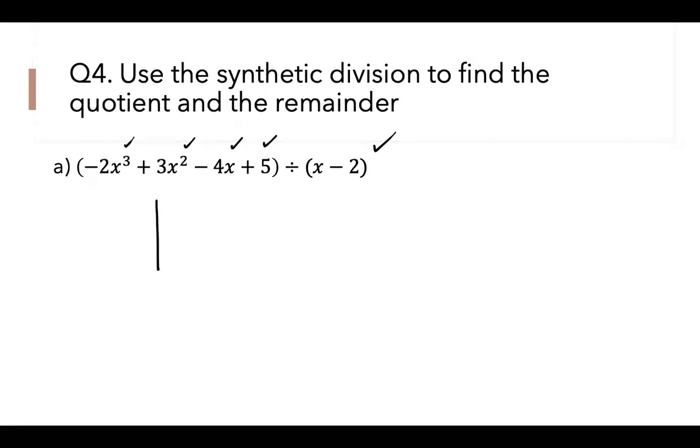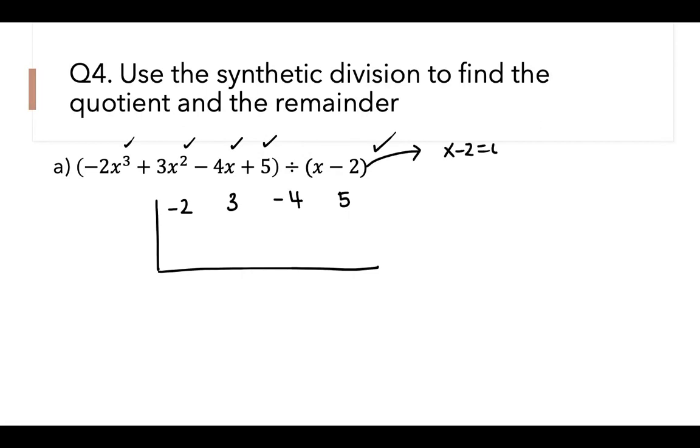Now we're going to make a half rectangle and write the coefficients only: negative 2, 3, negative 4, and 5. Let's find the zero for the divisor. So x minus 2 equals 0, x is equal to 2. So I'll be placing 2 over here.